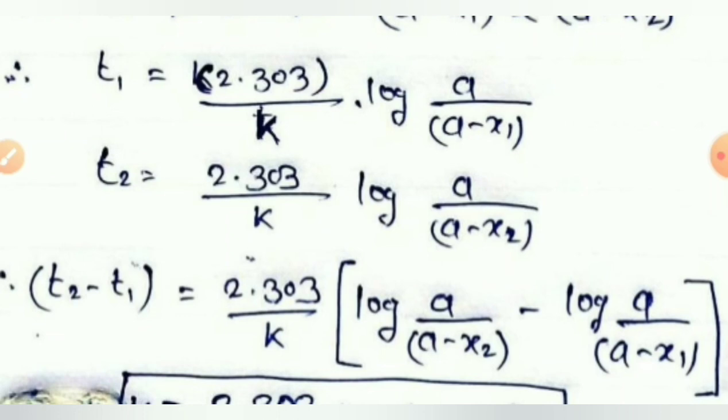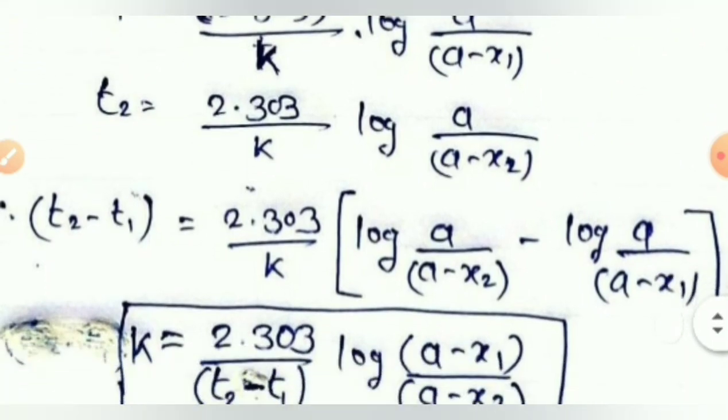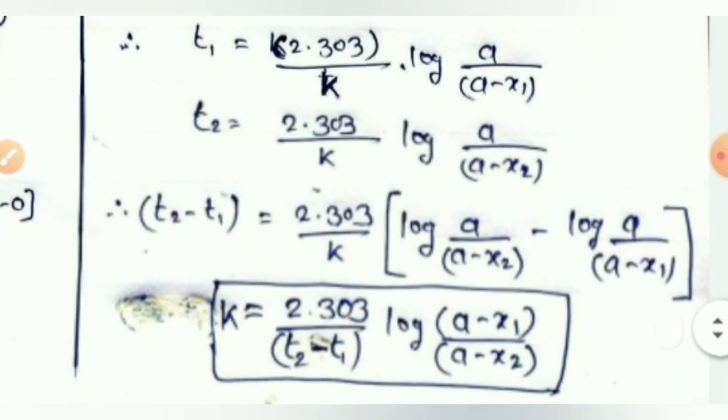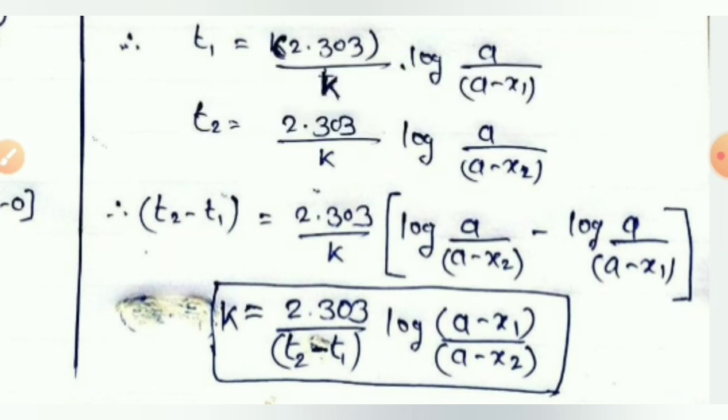Taking the common factor outside the bracket, we get 2.303 upon k into log of a upon a minus x2 minus log of a upon a minus x1, which is in the form of log x minus log y, so we get log of x upon y.